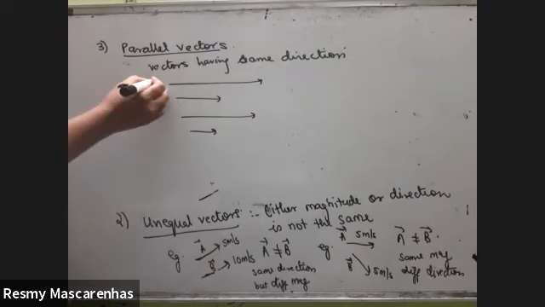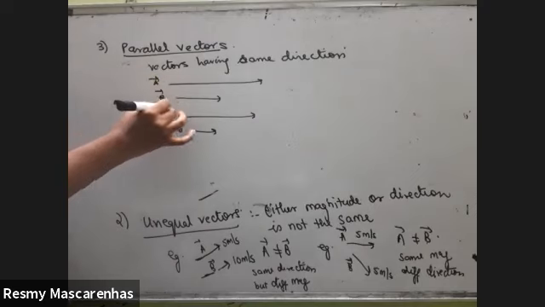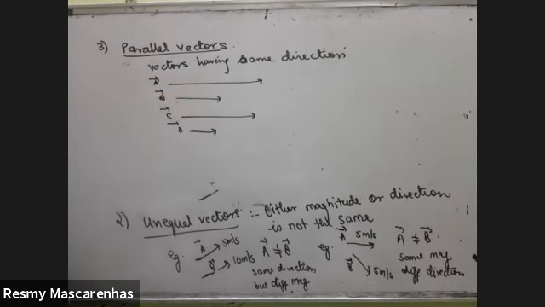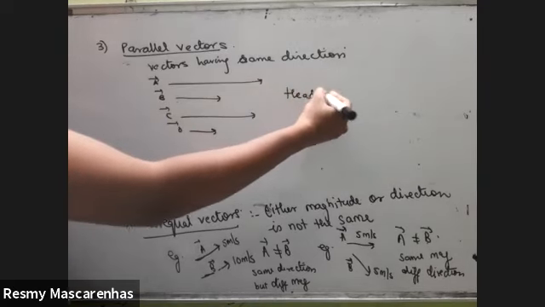So A, B, C, D. All these vectors are parallel to each other. So you have to make sure all heads are in one direction.